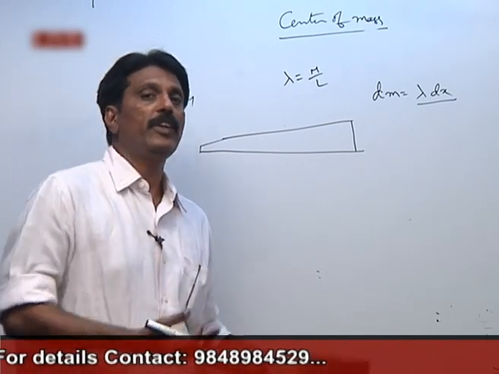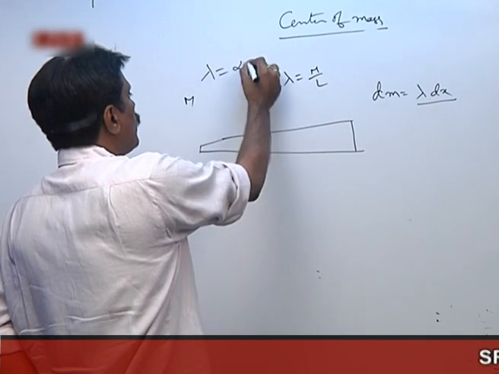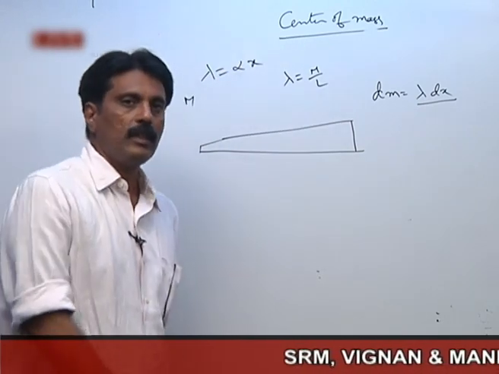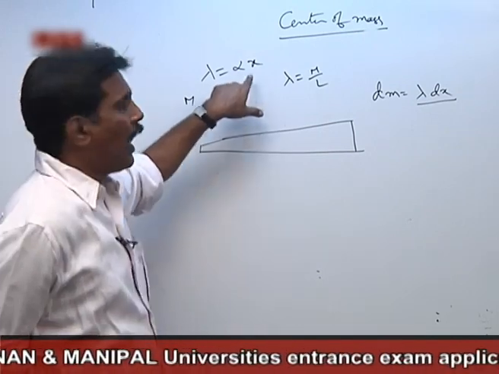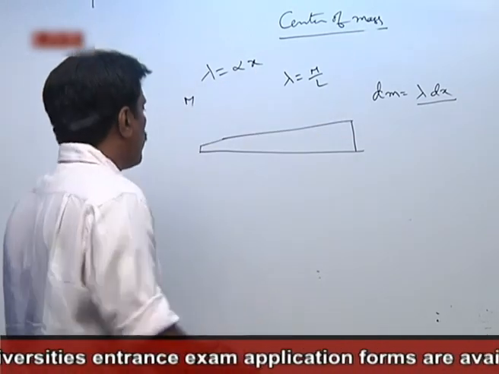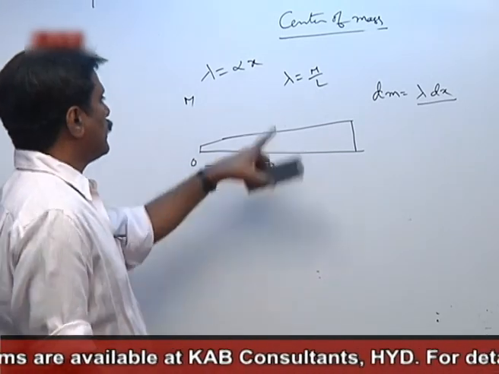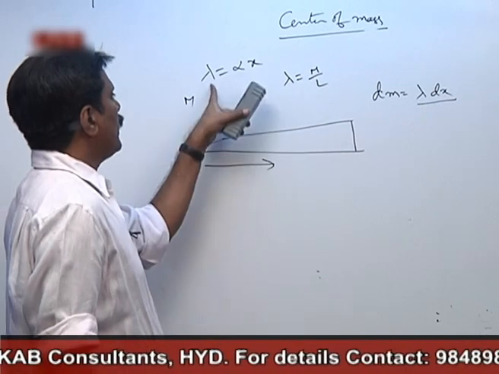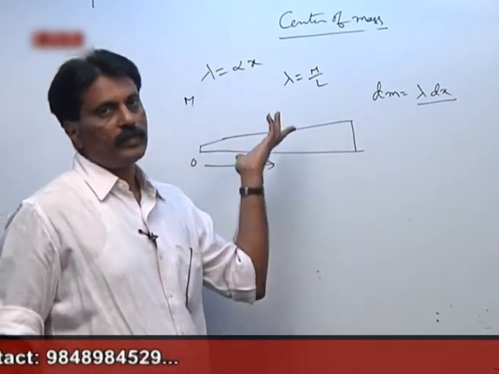Without knowing any relation, you cannot do. Let us suppose lambda is equal to alpha x, where alpha is a constant. That means as we move from origin towards the other end, for every value of x, lambda is changing. Therefore, mass distribution is not uniform.